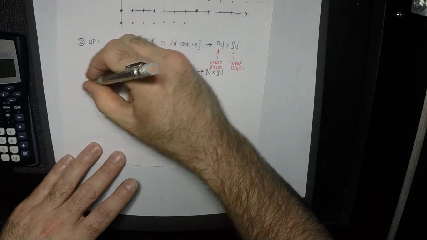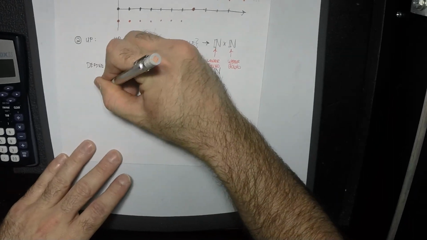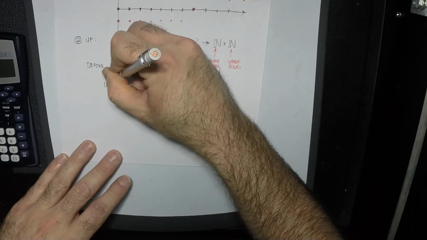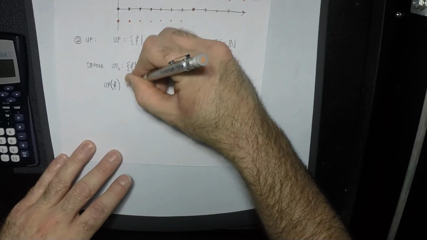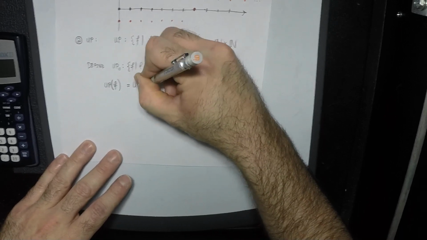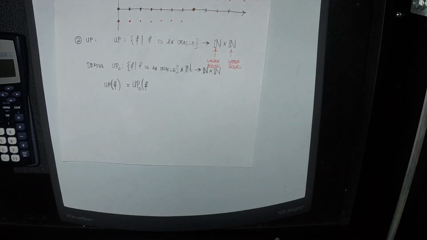So we're going to define up of f to be up 0 of f and what? The first guess, right? What are we going to take as our first guess? 1.